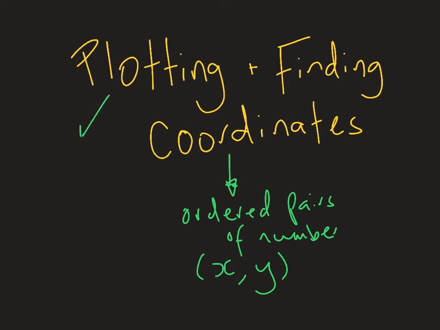Plotting, in this instance, means to put down or to place. So when we're talking about plotting, we're drawing it, we're placing it, we're putting it onto our grid, which you'll find out a bit later on.